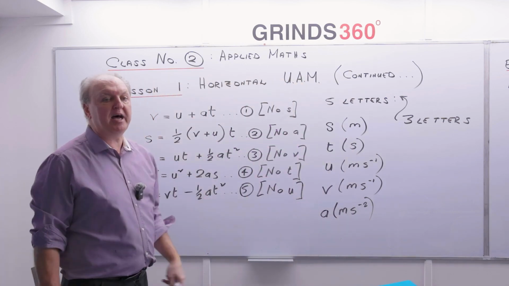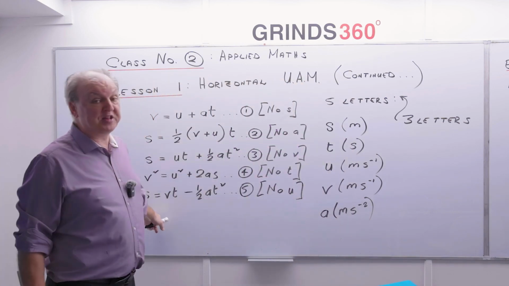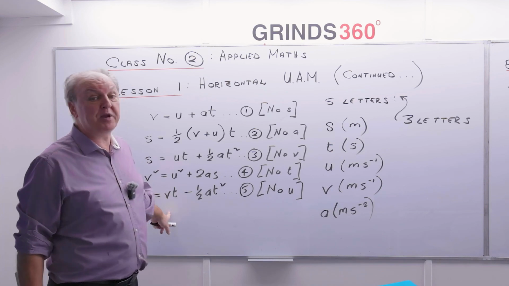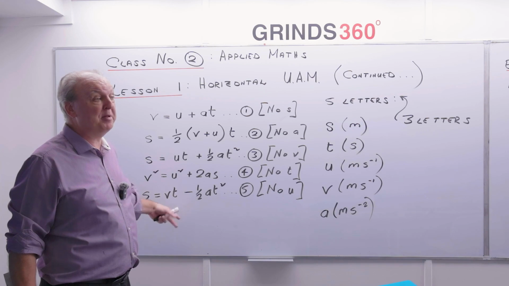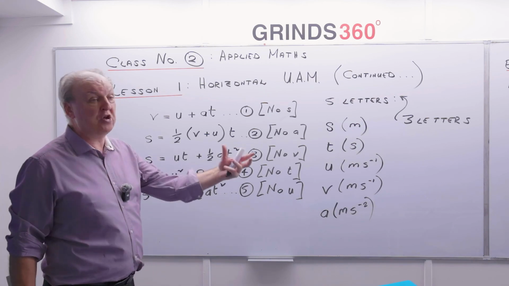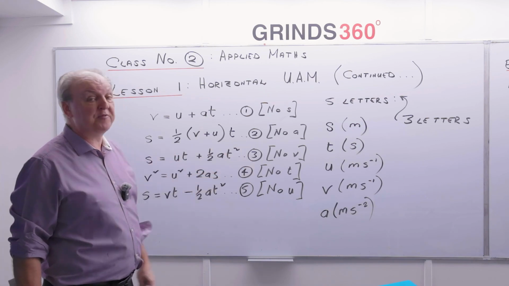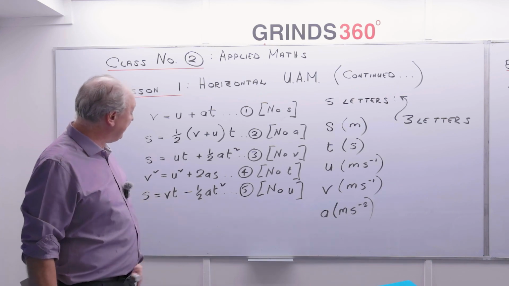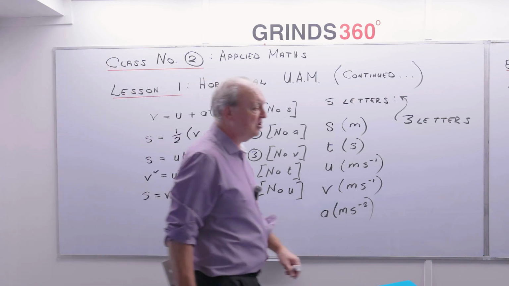It's equation number 5, isn't it? It's the one that's not in the table, look. So this is handy. Otherwise, what would I have to do? I'd probably have to use 2 equations. I might have to work out U first, which is fine, because they're asking for U anyway, but they did ask me to work out V first. So I'm going to use S equals VT minus a half AT squared.